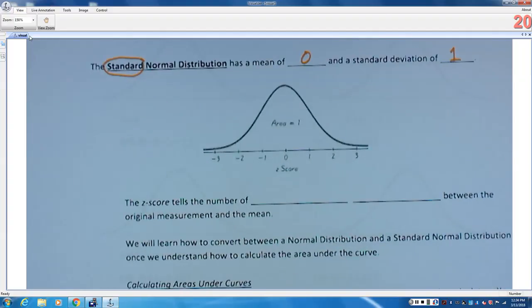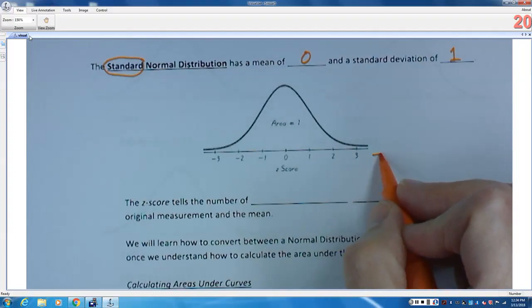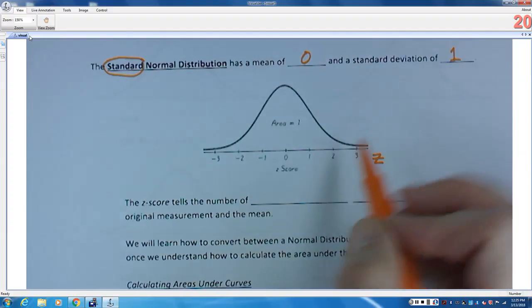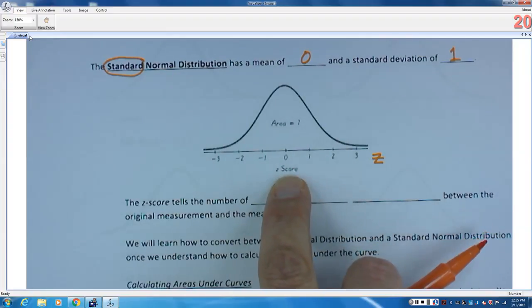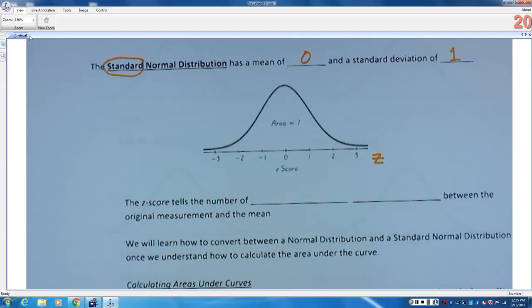And we call the horizontal axis then Z. And we call these the Z-scores on the horizontal axis. And what we used to do is we used to use tables. And you could convert all your X's to Z's and you'd look in the table and find the areas. Because we didn't have calculators.